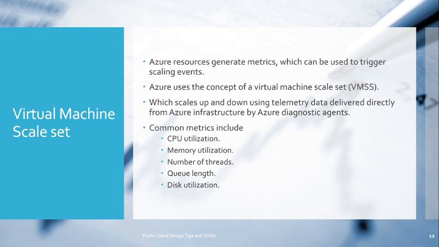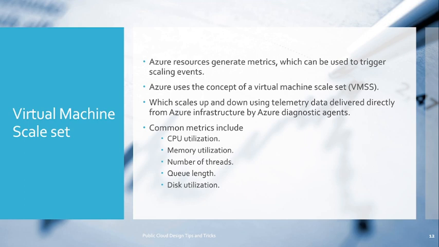Azure uses the concept of virtual machine scale sets to handle autoscaling, which scales up or down using telemetry data delivered directly from your Azure infrastructure by Azure diagnostic agents. That means inside your virtual machine you will have a diagnostic agent which creates telemetry data to autoscale up or down based on your scale sets.